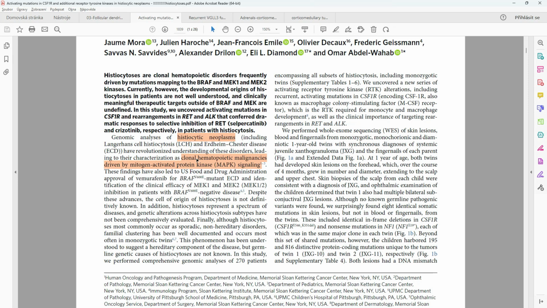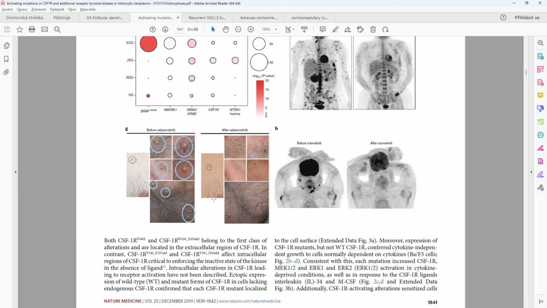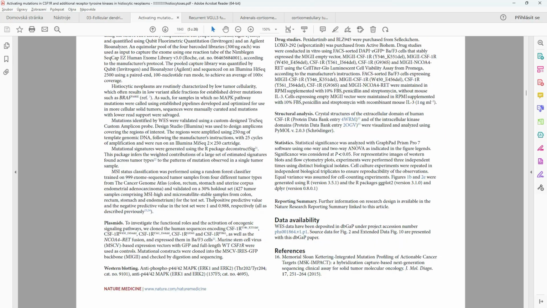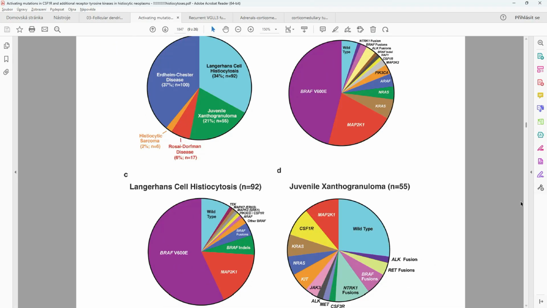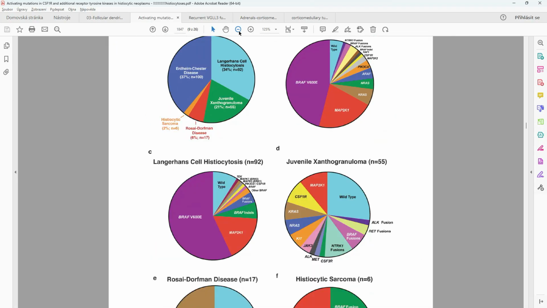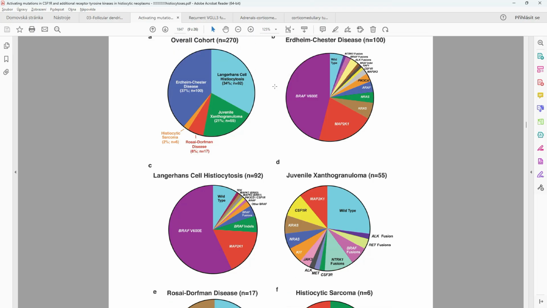Rosai-Dorfman disease, it's not even called a tumor, right? It's called Rosai-Dorfman disease. It was thought to be some reactive lesion, but eventually they have been shown to be clonal hematopoietic tumors, which typically have the mitogen activated protein kinase MAPK signaling pathway involved. And why I'm showing this paper is because it has the best visualization of all these mutations present in these various neoplasms.